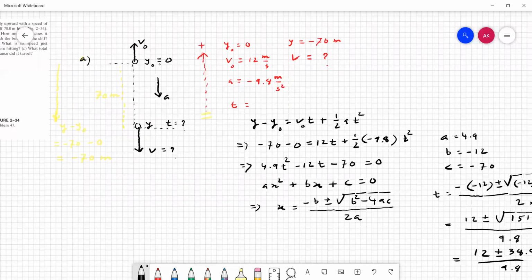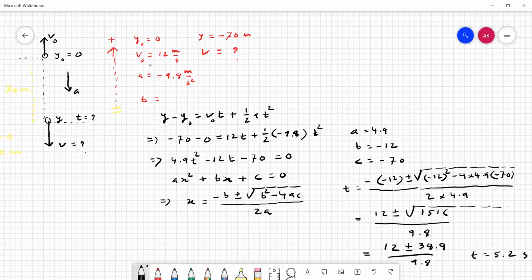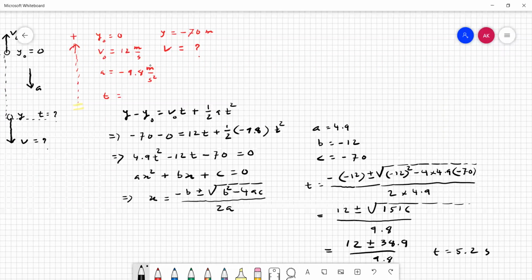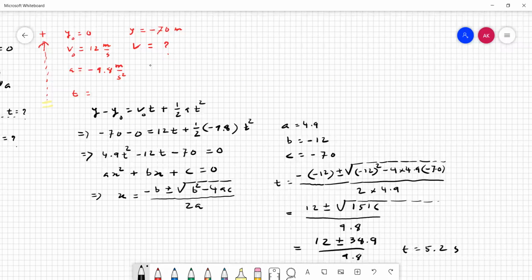Just to give you some idea about the coordinate axis again, I'm not going to do it completely, but if I use downward direction to be positive, how would those numbers change? y naught will be 0. v naught will be negative 12. a will be positive 9.8. y will be positive 70.